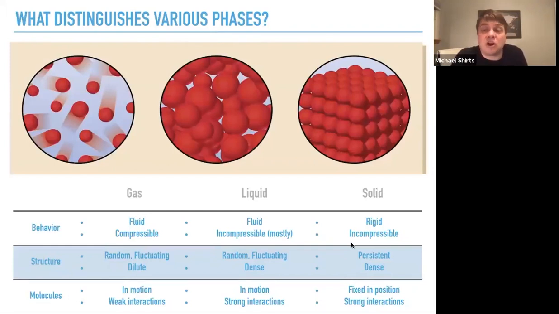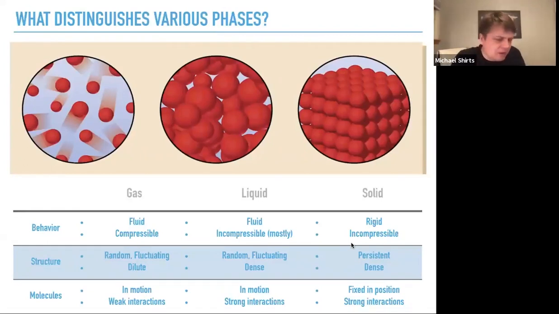If you have strong intermolecular interactions, then you'll form a liquid or a solid at a much higher temperature, because the kinetic energy of rattling around cannot overcome the potential energy of those strong interactions between the molecules.